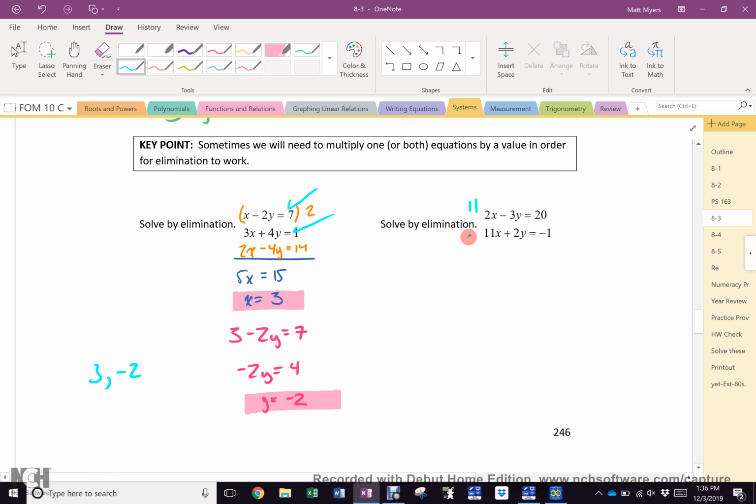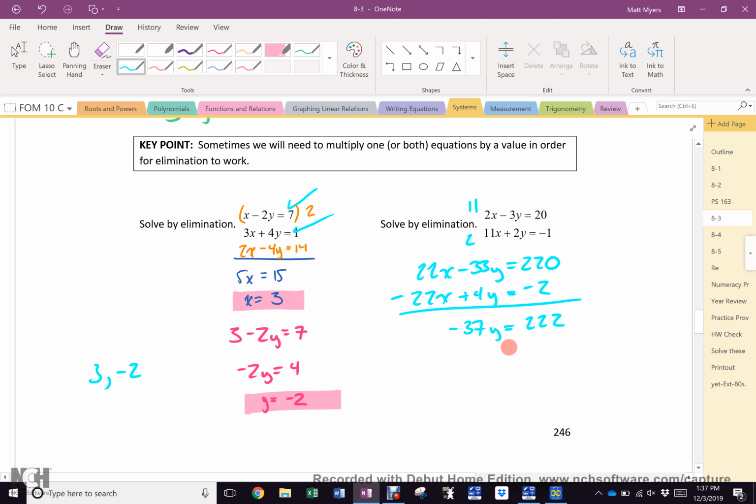If I use 11 and 2, I get 22x minus 33y equals 11 times 20 is 220, and 22x plus 4y equals negative 2. Now, will I be adding or subtracting? Subtracting. 22 minus 22 is 0. Negative 33 minus 4 is negative 37y equals 220 minus 2, which is 222.